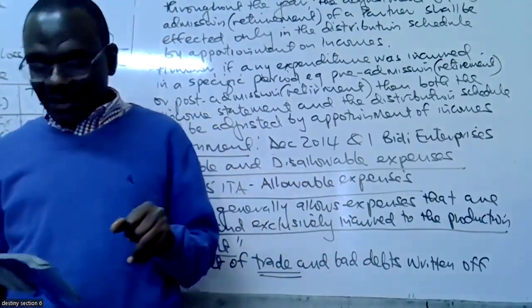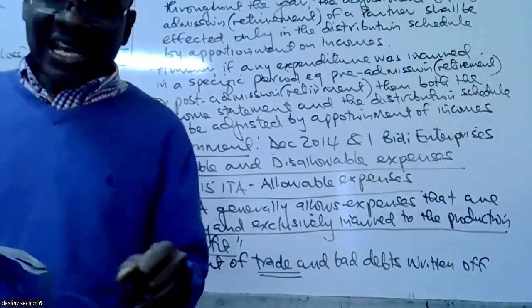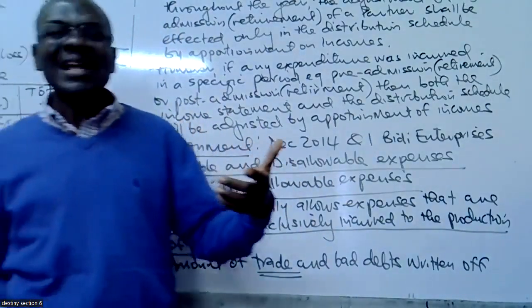Then you have number 7. The expenditure incurred, these are for landlords.